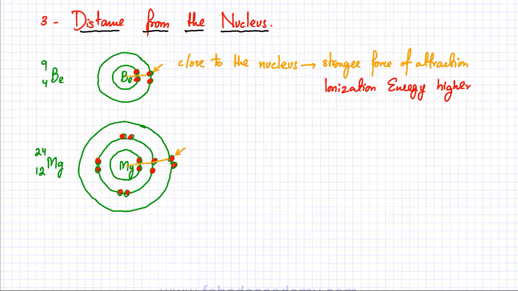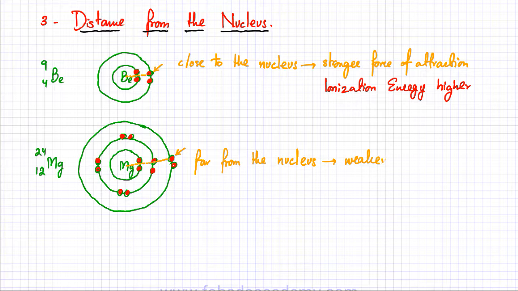Now compare this with this other atom over here, which is magnesium. Now this electron is further away from the nucleus, so it's far from the nucleus. Comparatively, it is far from the nucleus, which would mean that there's a weaker force of attraction.